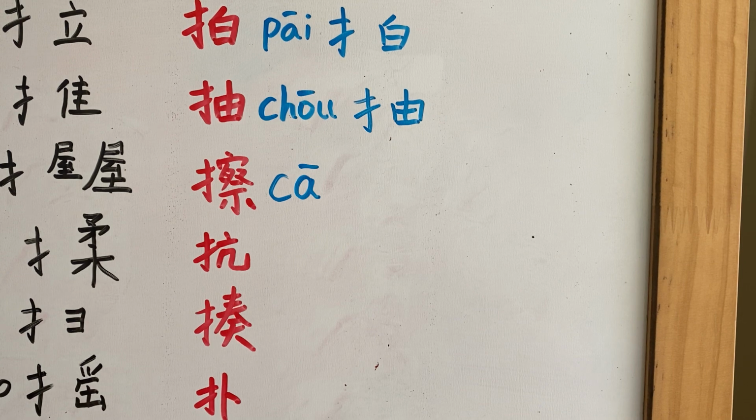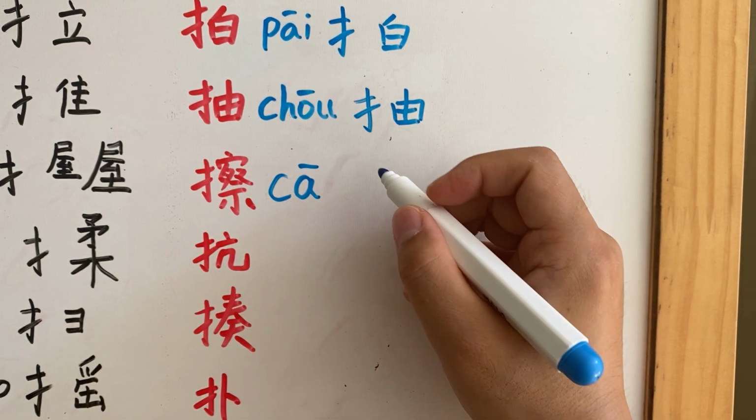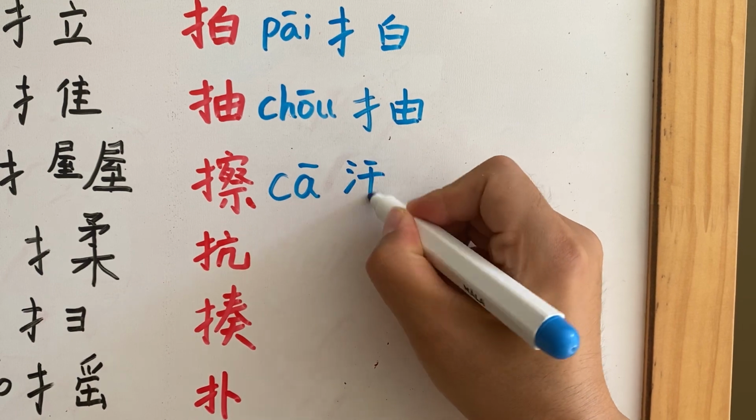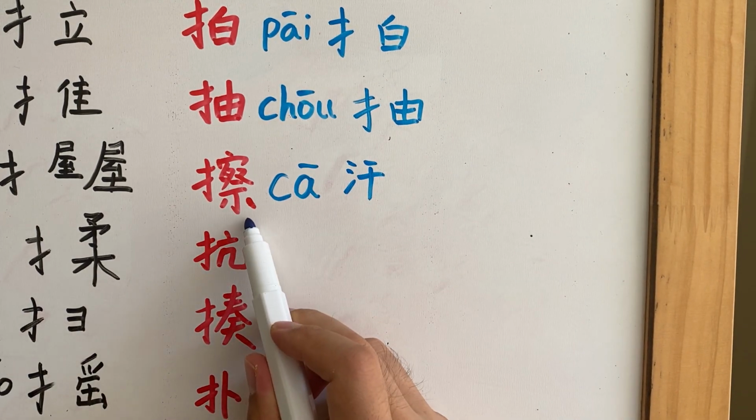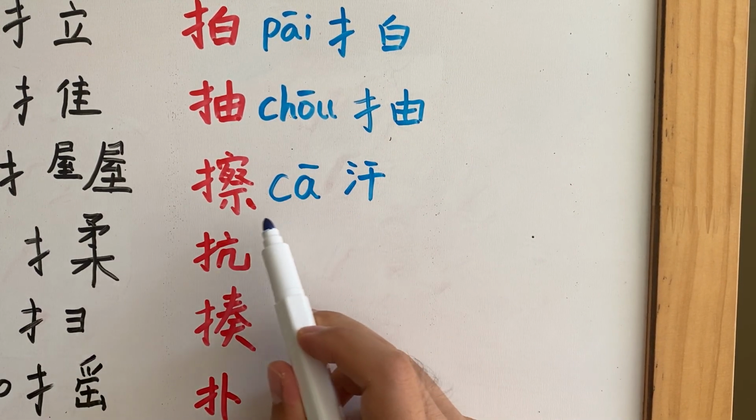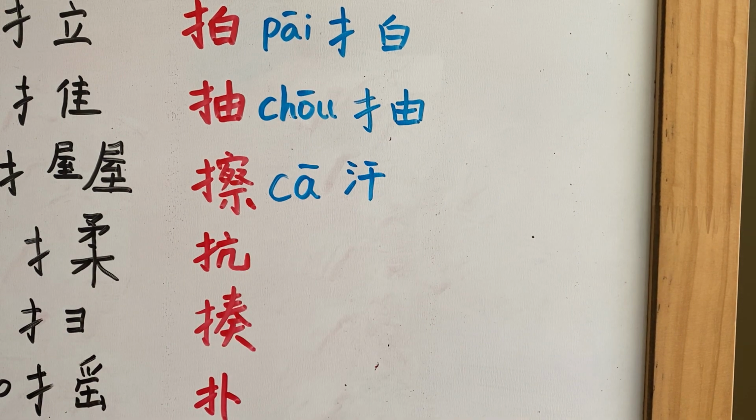擦. If you 擦 something, you want to make it clean, right? 擦, to make something clean. 擦汗. In Chinese, we say 擦汗. This is a verb. This is a noun. 擦汗 means to clean your sweat.